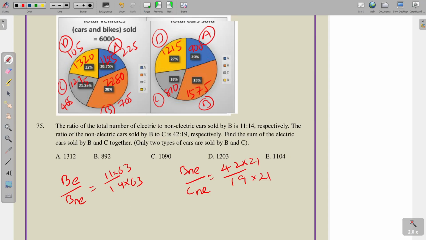Sum of electric cars of B and C together means electric cars of B plus electric cars of C. Electric cars of B is 11 times 63, that is 693, plus electric cars of C. Total cars of C is 810. 810 minus non-electric cars, 19 times 21 is 399. So total it is 1104.